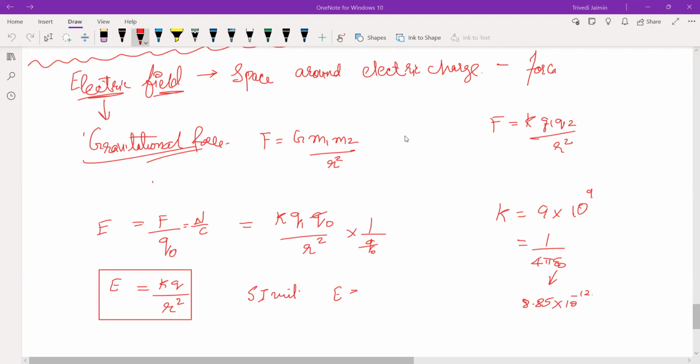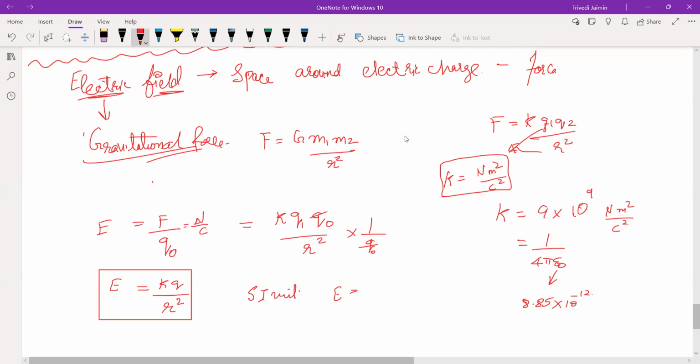So dimension for K, if we cross multiply here and divide by here, K equals Newton meter square by Coulomb square.